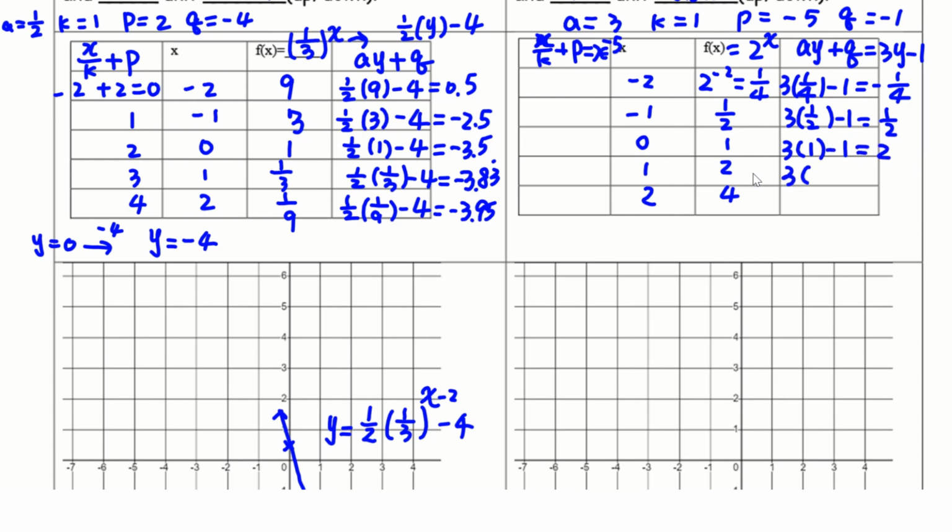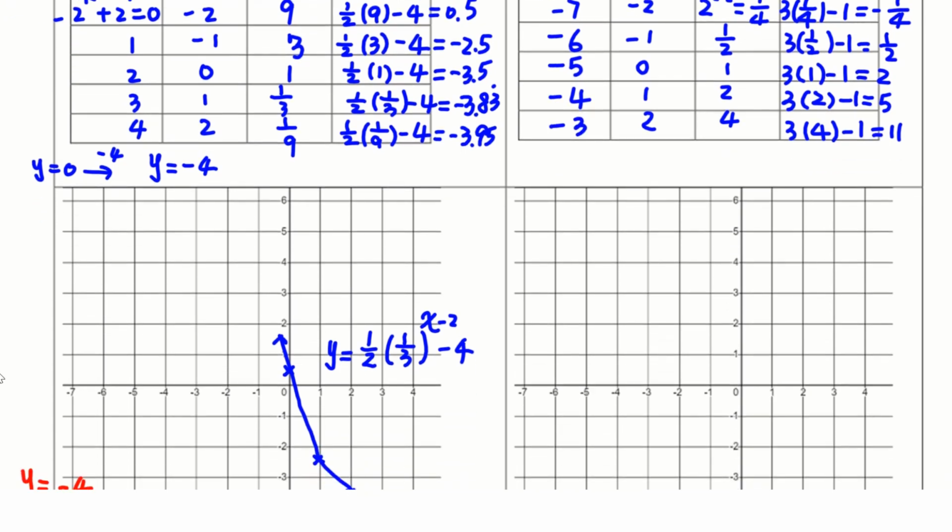Then 3 times 2 minus 1 is 5. Then 3 times 4 minus 1 gives you 11. So these are the new y values. And for the x value, it's just x minus 5. This column minus 5 is -7, -6, -5, -4, then -3. Then they are the new points.